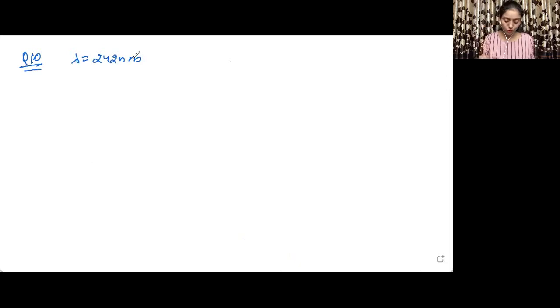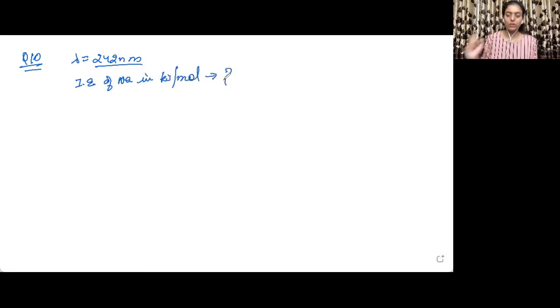So when a photon of this wavelength strikes the sodium metal, it will only eject that electron. It will not provide any kinetic energy. We need to find out the ionization energy of sodium in kilojoule per mole.